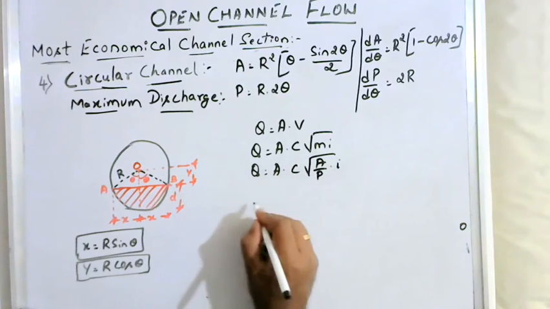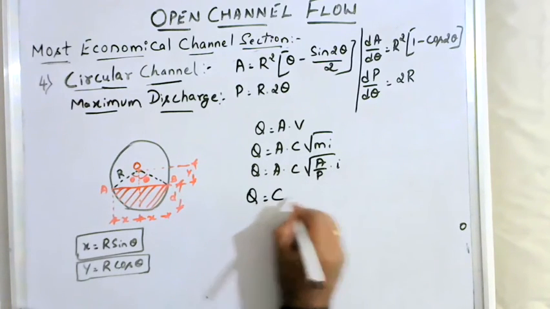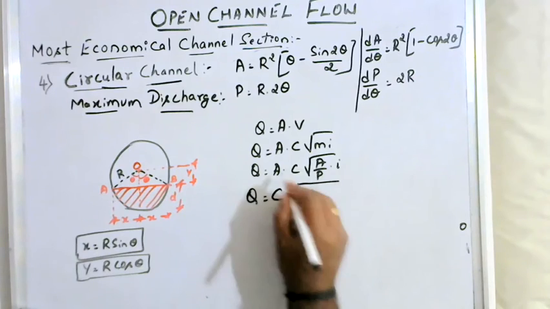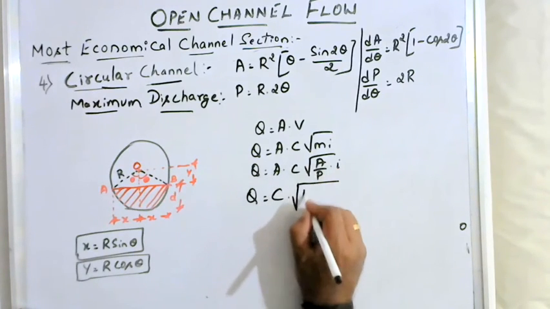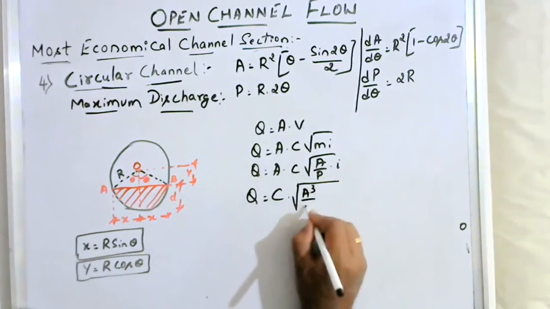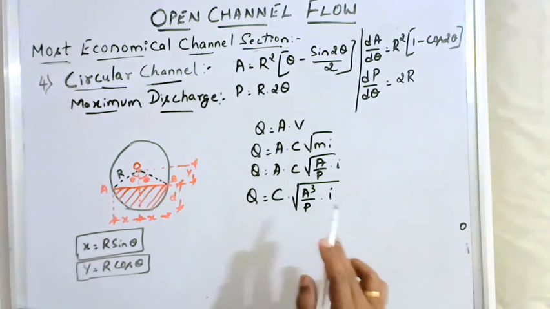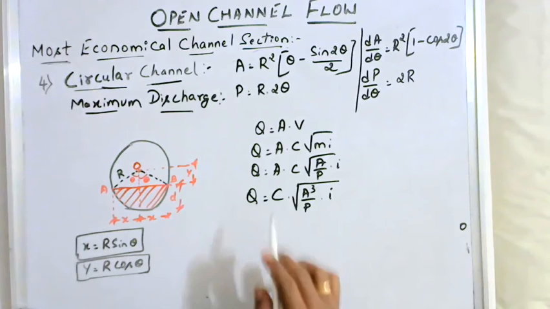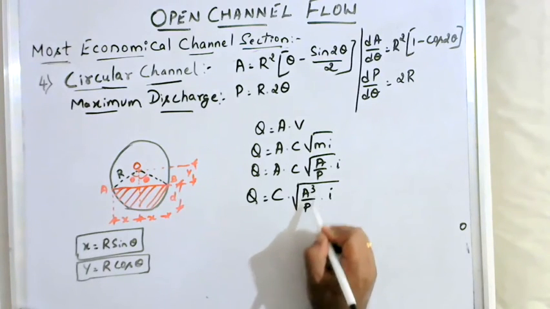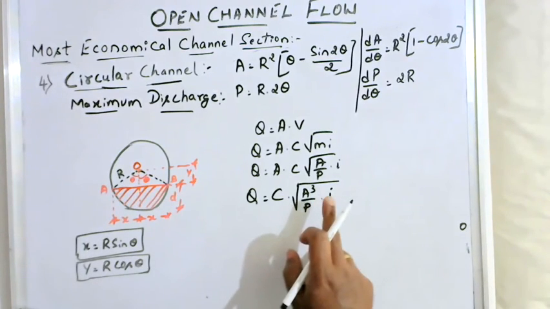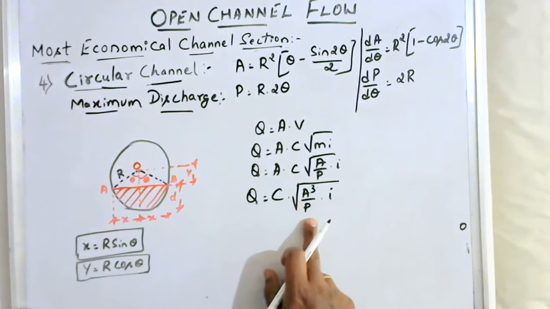You take the area inside: Q is equal to C into root of A square times A, so it becomes A cube divided by P, into i. In order to get a maximum discharge for a given side slope and the Chezy constant C, this A cube by P should be maximum.